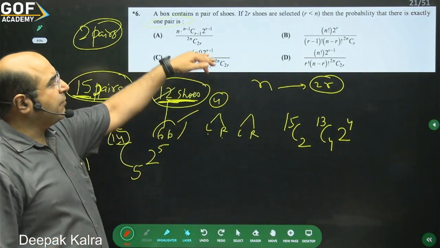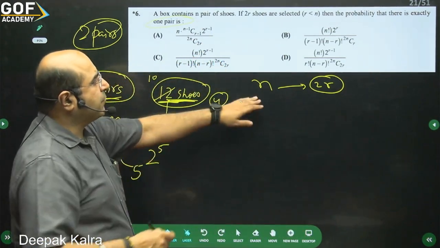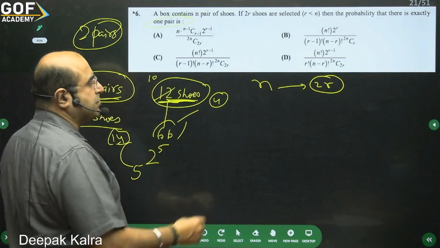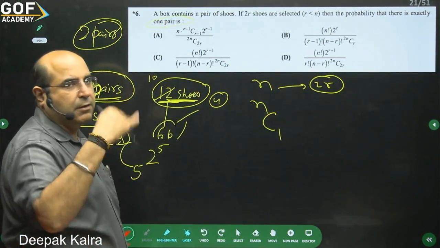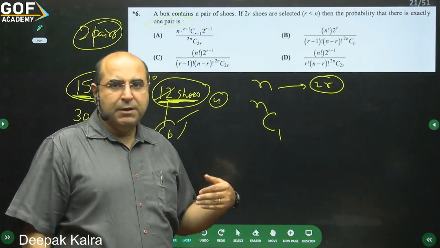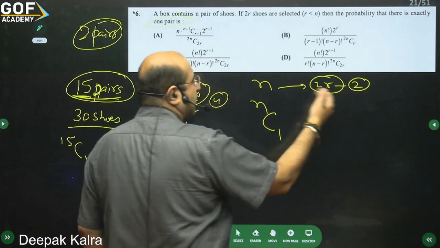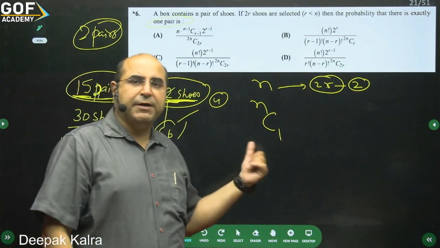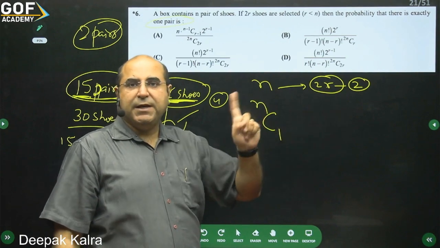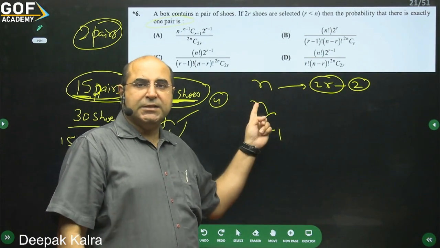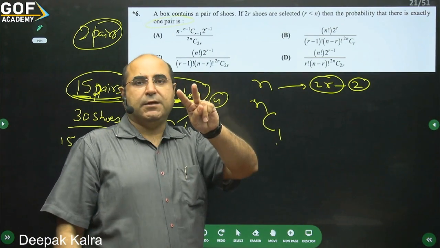Now coming to our question, there are n pairs of shoes. I want exactly one pair, so nC1. One pair formed. Out of 2r, minus 2, because 2 shoes are already in our pocket, which formed a pair. 2r shoes are to be selected. Out of n pairs, 1 pair selected means 2 shoes selected.